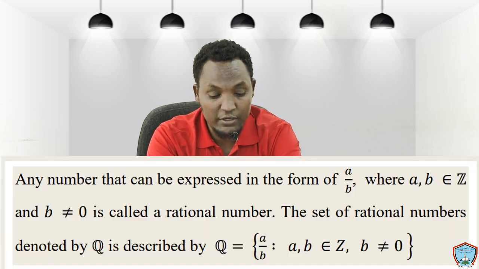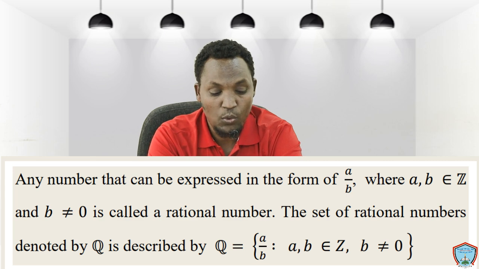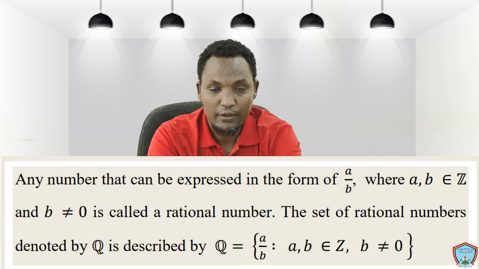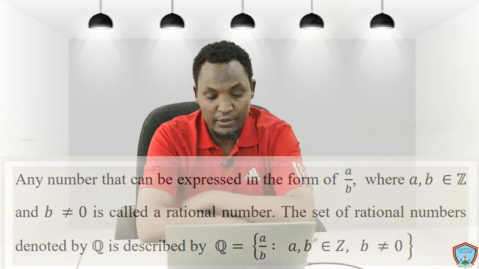The set of rational numbers is denoted by the capital Q. Examples of rational numbers include 1/2, -3/4, 5, an even number, and zero, because each of them can be expressed as a fraction of two integers.